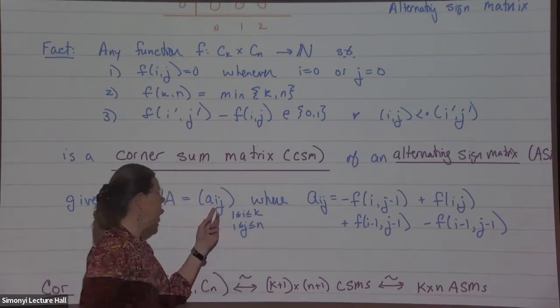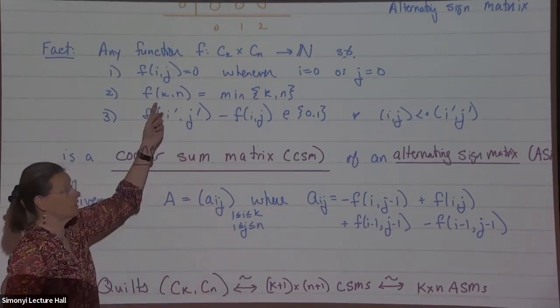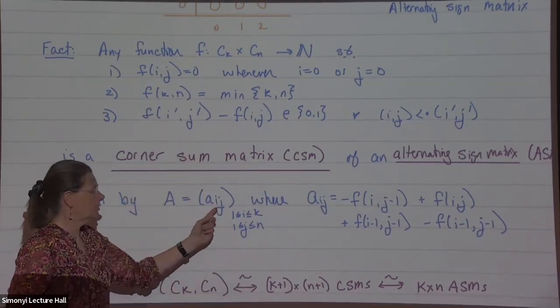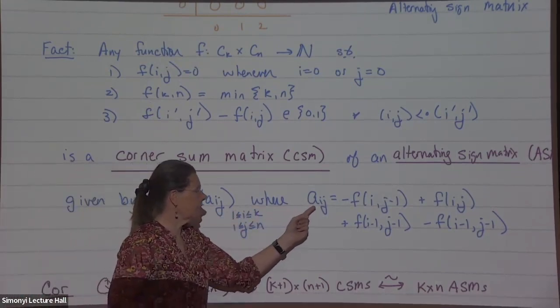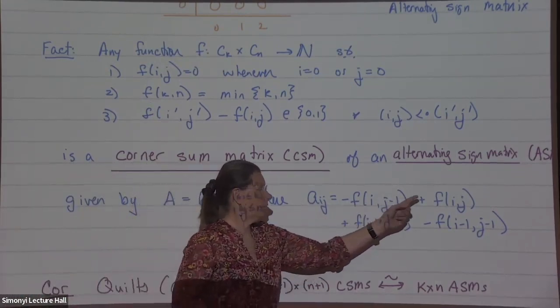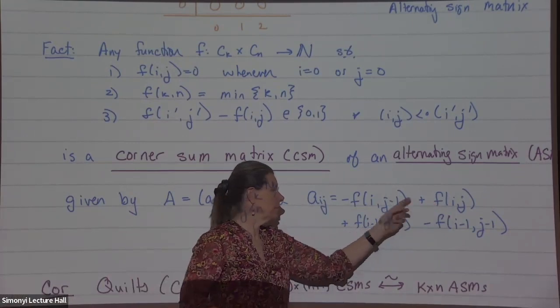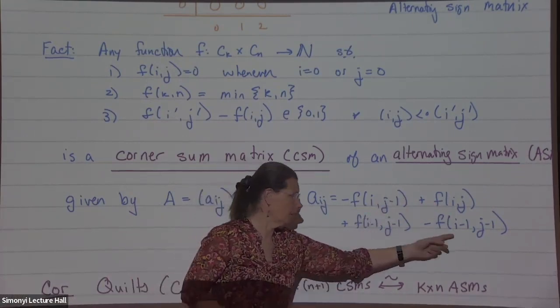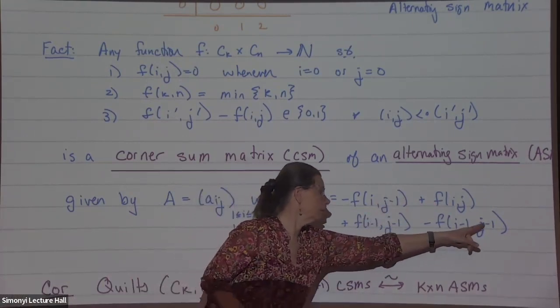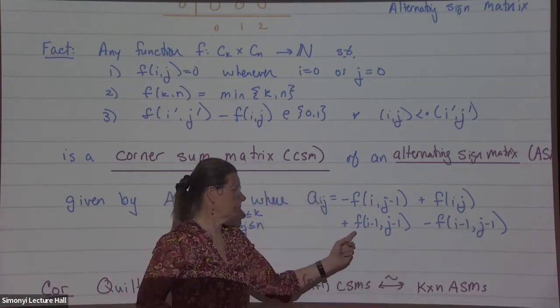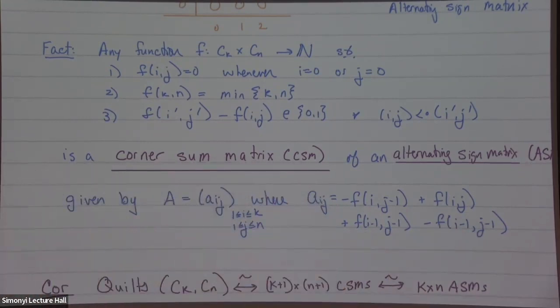The alternating sign matrix that goes with this kind of quilt is where A_ij, the ij entry, is defined to be F_ij minus F_i,j-1 minus F_i-1,j. Oh, that should be just a j. I'll fix that. And then plus F_i-1,j-1. Oh, I love the magic of iPad.